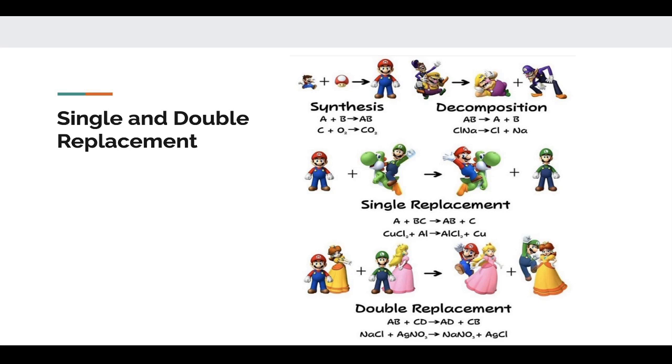Now, for double replacement, I like to think of it as a double date. Mario begins with Daisy plus Luigi with Peach. And now on the right side of the equation, Mario is with Princess Peach and Luigi's with Daisy. So they both switch.